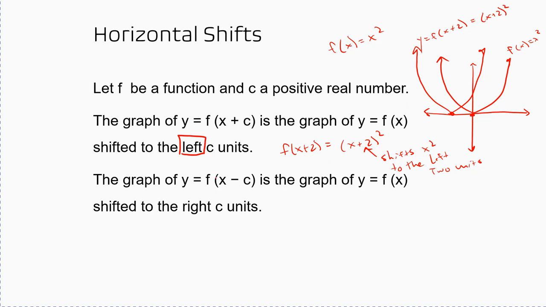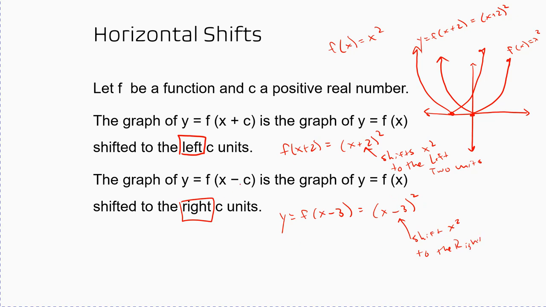Similarly, the graph of y is equal to f of x minus c is the graph of y is equal to f of x shifted to the right c units. So for example, if I ask you to find this graph, this minus 3 underneath the parentheses here means to shift x squared to the right.